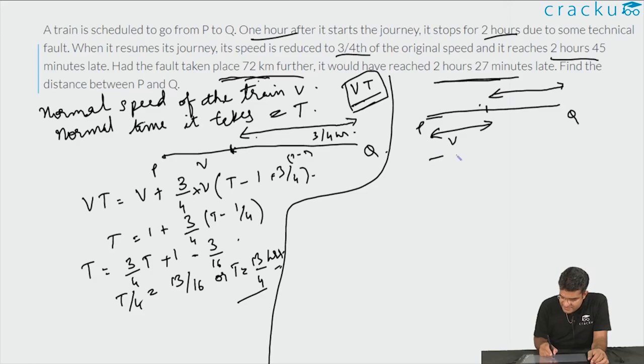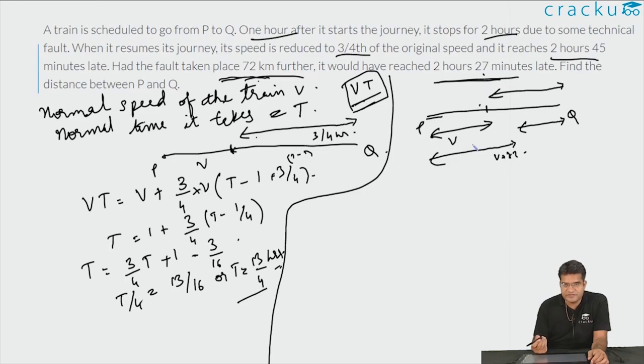But if it had traveled V plus 72 kilometers at the original speed at a faster rate, and it would have traveled 72 kilometers at a lesser speed, then it would have arrived 18 minutes early, because normally it had taken 2 hours and 45 minutes. But if it had traveled 72 kilometers further at a faster pace, it would have reached 18 minutes earlier.